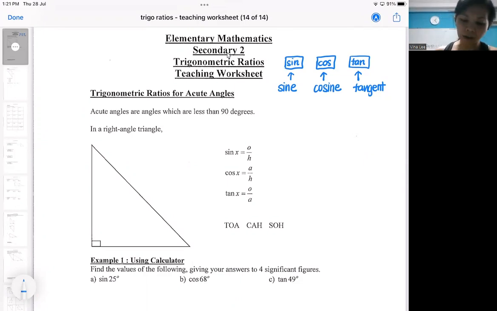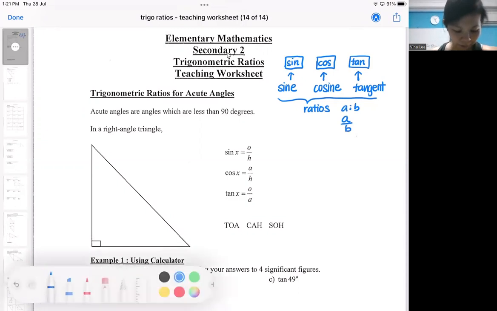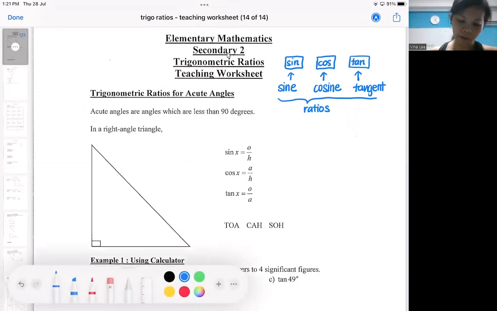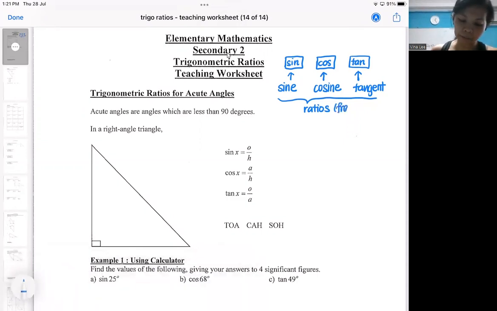These three formulas are ratios. The ratios are usually not written as the primary school ratio. We don't write the ratio like this. We're going to write the ratio as a fraction. So the fractions that you see are ratios; they express the ratios as fractions.